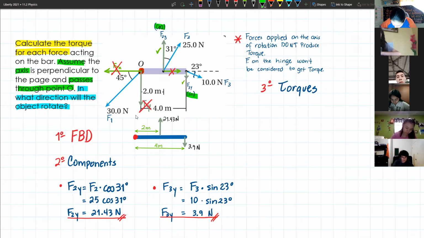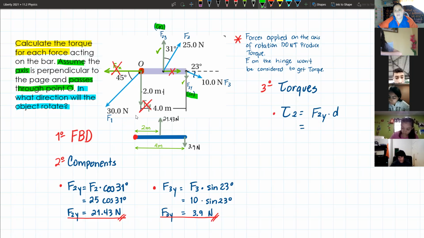So the torque of the force 2 is going to be equal to the force 2 in y times the distance. And the other one, torque 3, is equal to the force 3 in y times the distance.